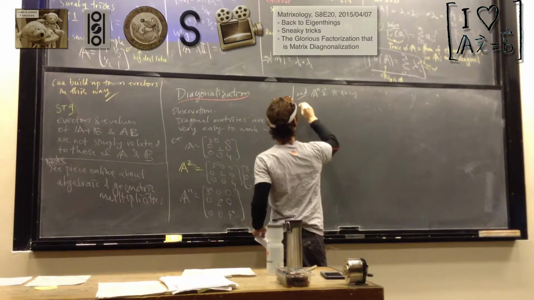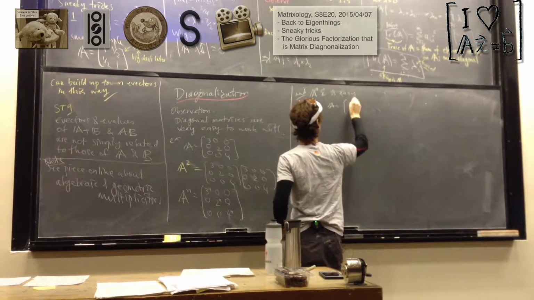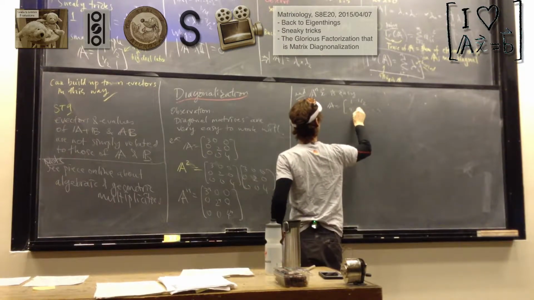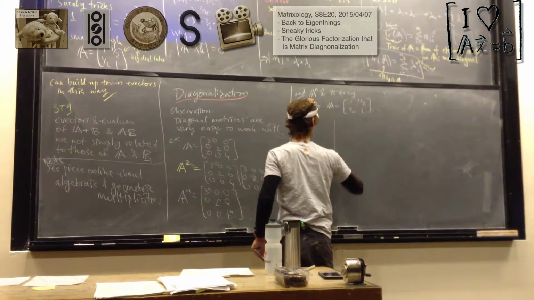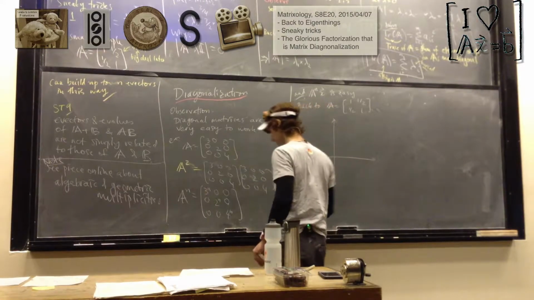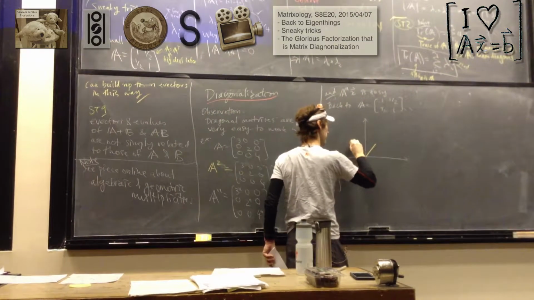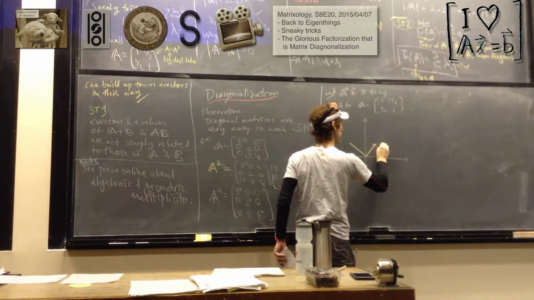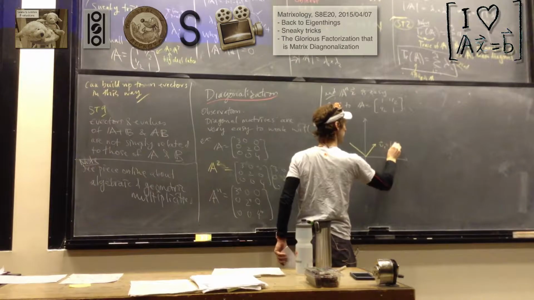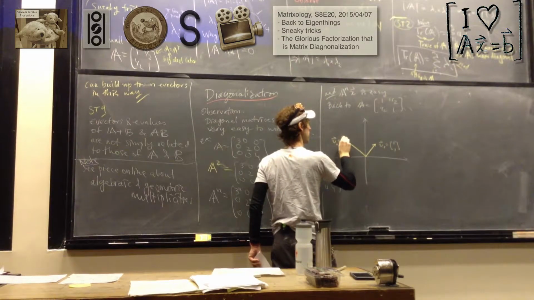All right, so let's go back to our example. Back to this little character, A equals 1, a half, 1. If we could work in this coordinate system, here's V1, which was 1, 1, and here's V2, which is minus 1, 1.